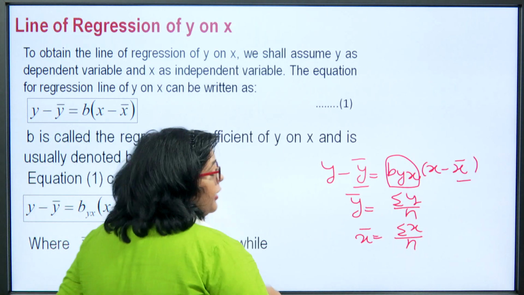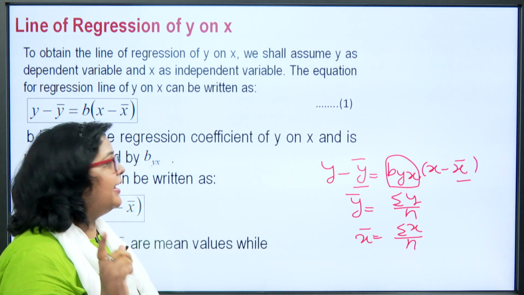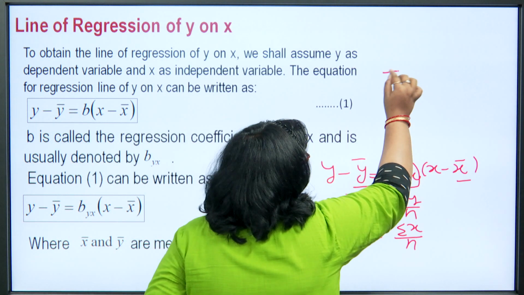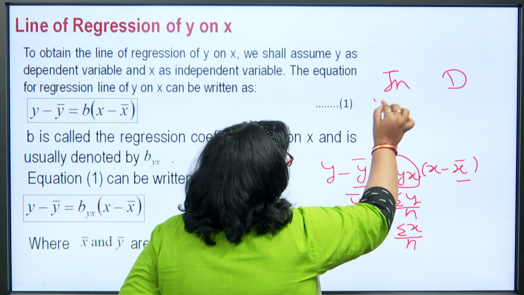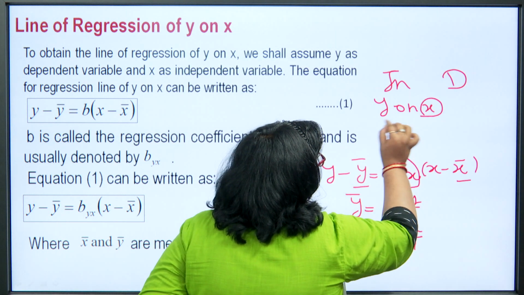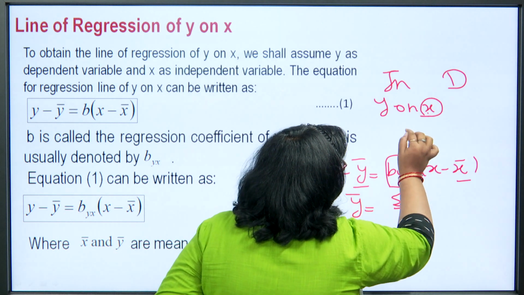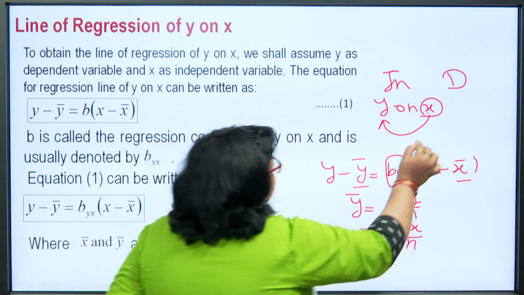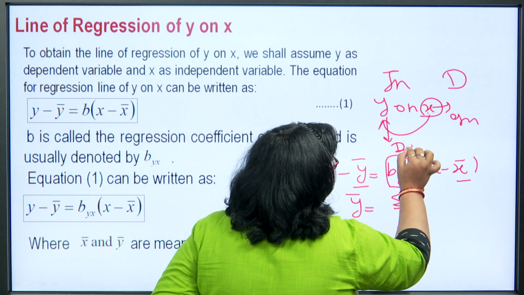In solving the equations of regression lines of y on x and x on y, always remember what is dependent and what is independent. When we study the line of regression y on x, here y depends on x. That means for all values of x we can find the value of y, so x is independent and y is dependent.